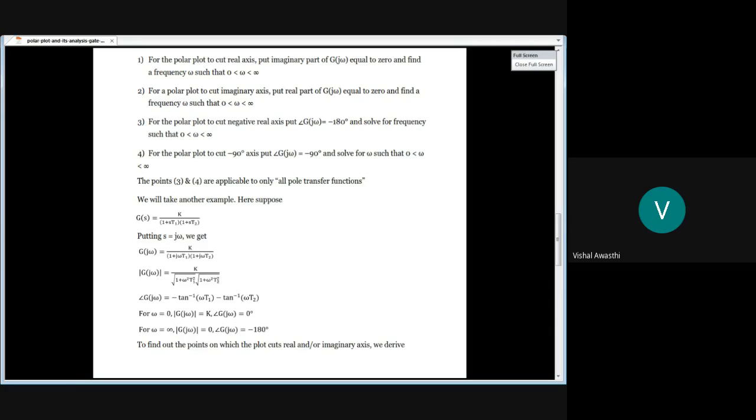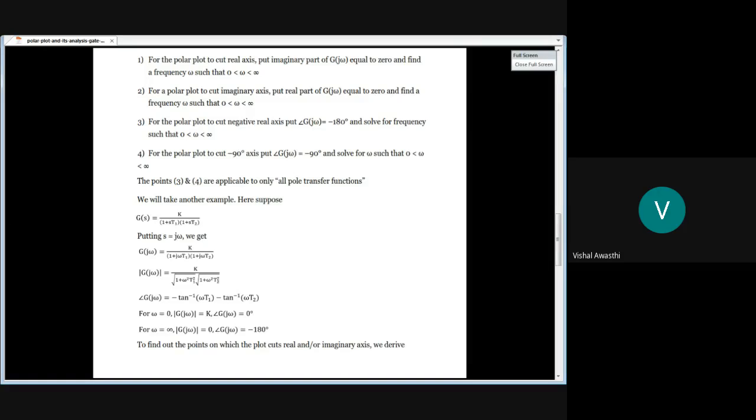Now the angle. The angle of K is 0. For the denominator, the first angle is tan inverse omega T1 and the second is tan inverse omega T2. Because both angles are in the denominator, the final angle will be minus tan inverse omega T1 minus tan inverse omega T2.